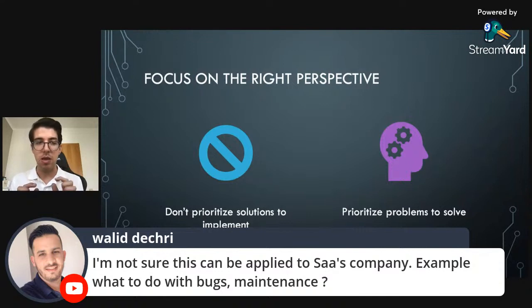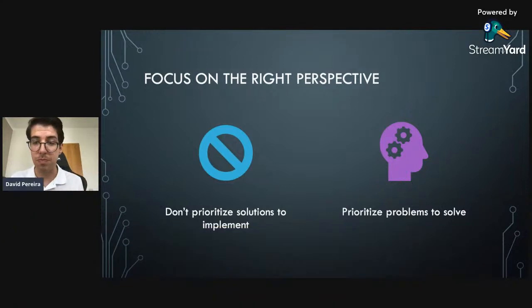But the thing is, you don't leave bugs for the whole team or maintenance for the whole team all the time. What you do is you agree with the team how we treat that, so that at least part of the team can focus on something, or you treat that separated. But of course, you have the job of keeping the lights on, and you need to do that, otherwise your product will not be mature.